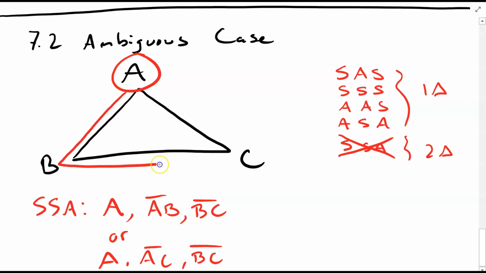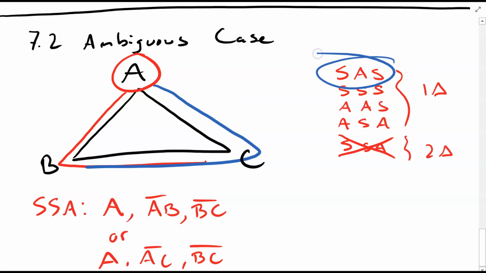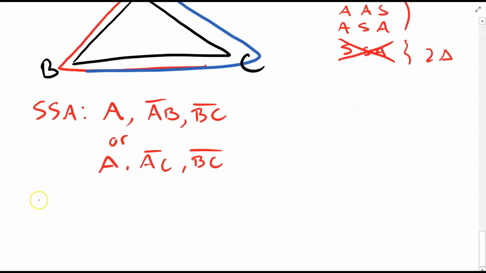So you could have these 2, or you could have those 2. You can't have the 2 arms of your angle A. Why not? That's side angle side. Everybody's okay with that? Yes. Okay. So the ambiguous case that you're worried about is only this SSA situation. Good with that? Okay.